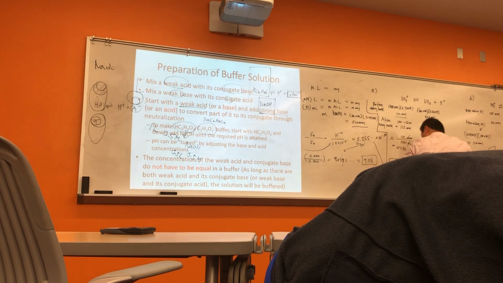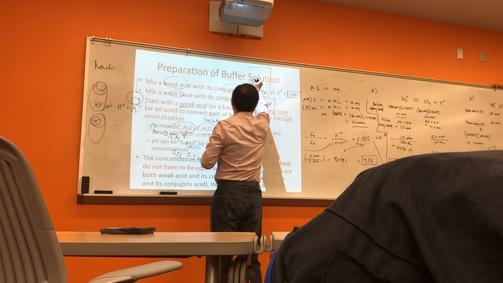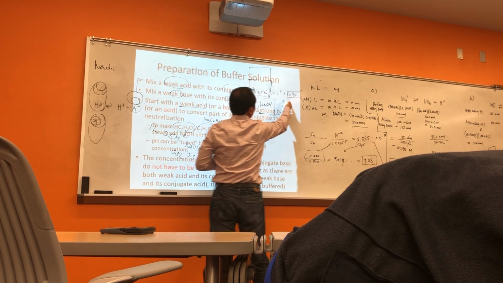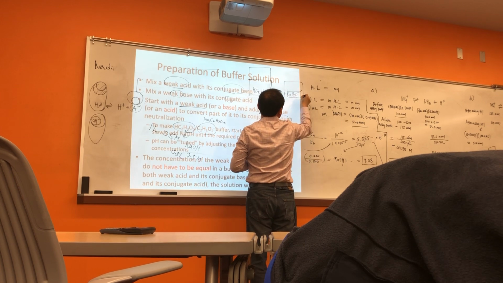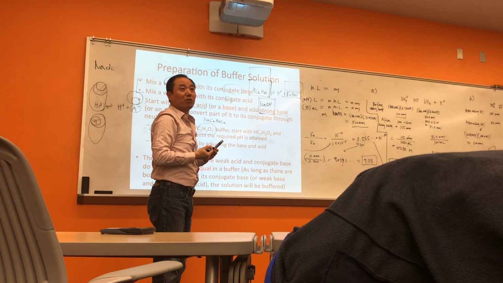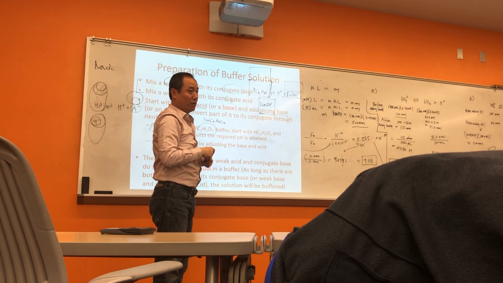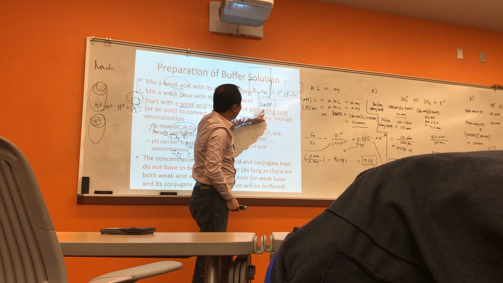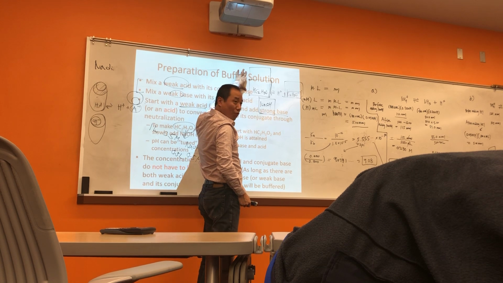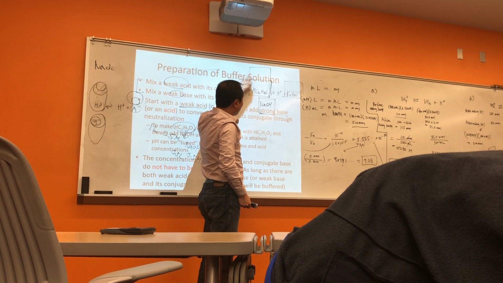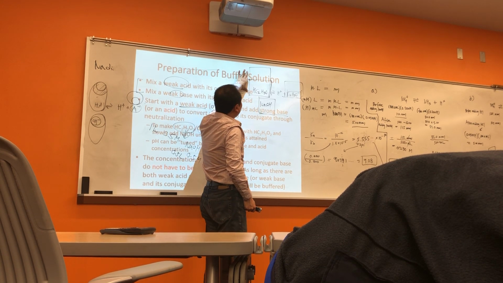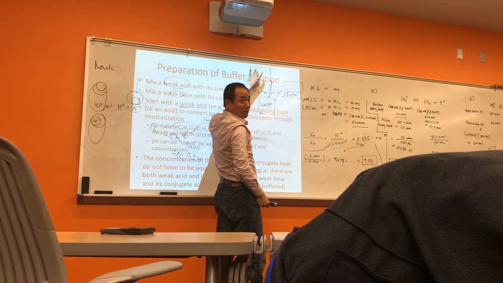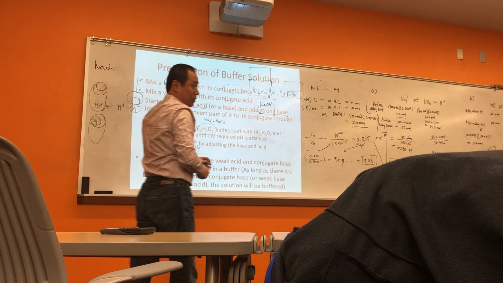So the remaining amount will be only this, and that half amount will be turned into this guy. So we have an ideal buffer now. Okay? But the strong base shouldn't be more than the weak acid. The moment you add the same amount or more than this amount, you no longer have this guy available. So that's not a buffer anymore. Okay?